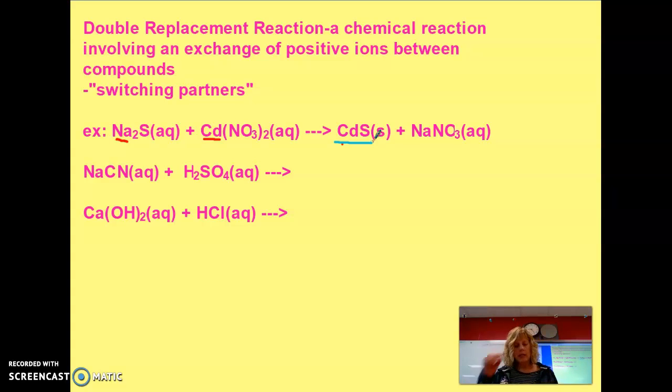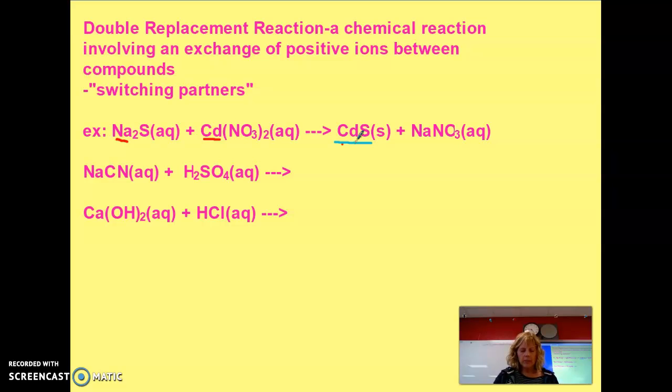So sulfide, it's bonding with cadmium. The rule with sulfide is if it binds ionically with alkali ions or ammonium, NH4, it is soluble. That doesn't seem to apply to cadmium.